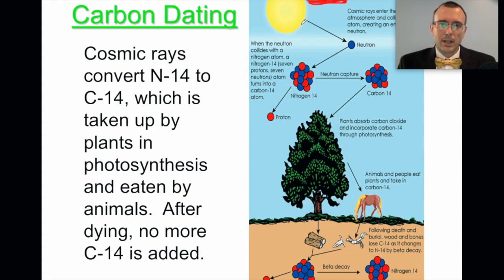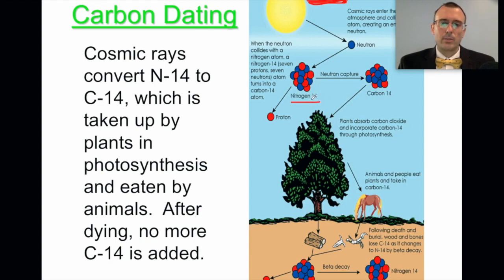Cosmic radiation, which comes from the sun or from various different things in outer space, is composed of a bunch of different things, primarily protons and neutrons that are going very, very fast. When they come into our atmosphere, most of them are deflected by Earth's magnetic field, but some of them come into our atmosphere and interact with the gases there. The most prevalent gas in our atmosphere is nitrogen, N2.